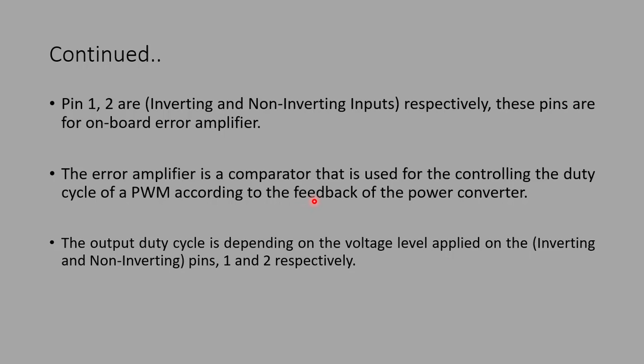As we know, a comparator has two terminals, inverting and non-inverting. If the feedback is coming into the non-inverting pin and the reference is connected with the inverting pin, both of the signals are compared together.